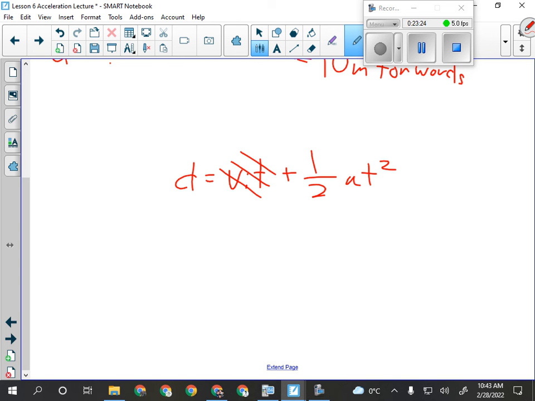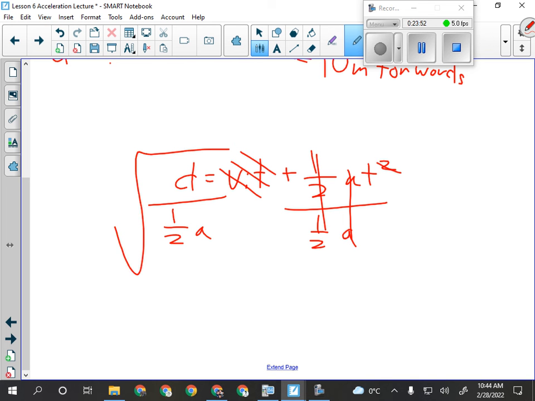So all of this is gone, and I want to solve for T. What do I do? Same thing I did before. All three of these are being multiplied together, so to move the half and the A, I would divide. That solves for T squared. What do I want? I want the square root of T squared. T.